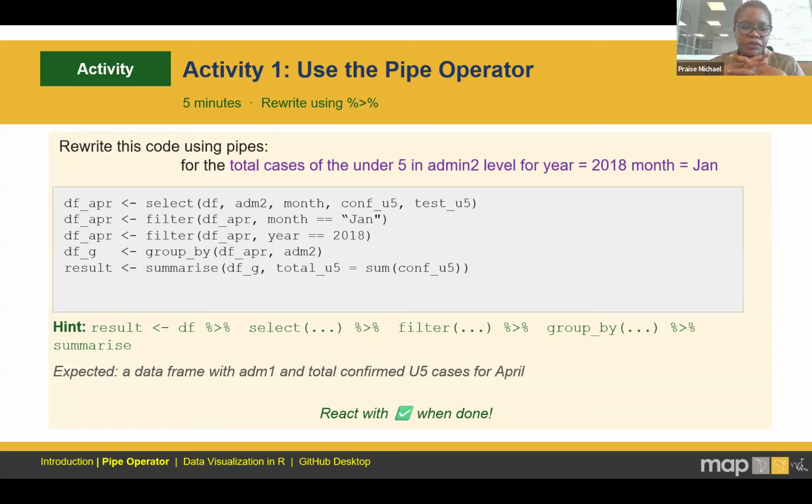And for the final output, we're expecting a data frame with admin 1 and total confirmed cases for under 5 for the month of April.